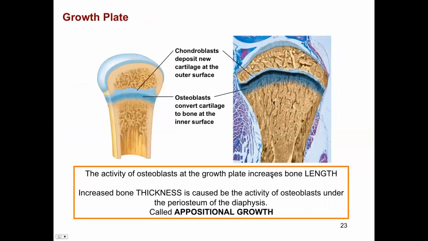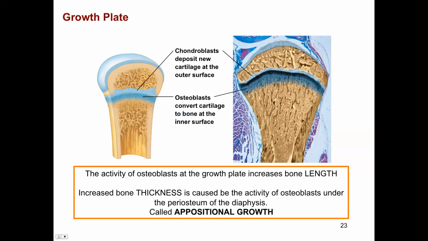So appositional growth for the thickness does not start with the cartilage model as the length does. The length has that cartilage model at the growth plate or epiphyseal plates.